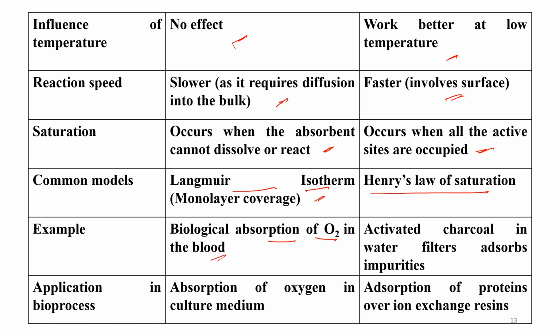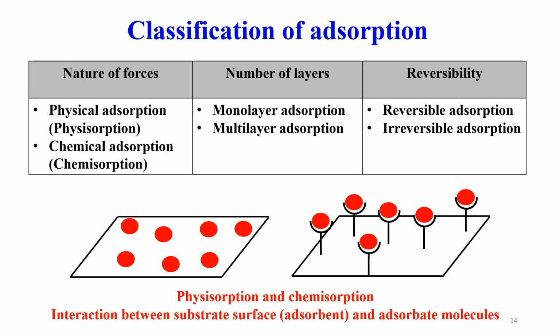One quick example for adsorption is activated charcoal in water purification, which adsorbs impurities. Another example is the adsorption of proteins using ion exchange reagents. Now, we can classify adsorption based on the nature of forces, number of layers and reversibility.